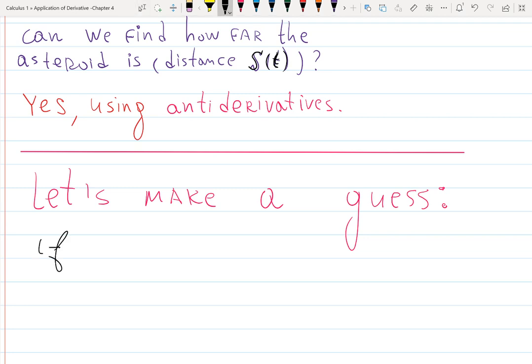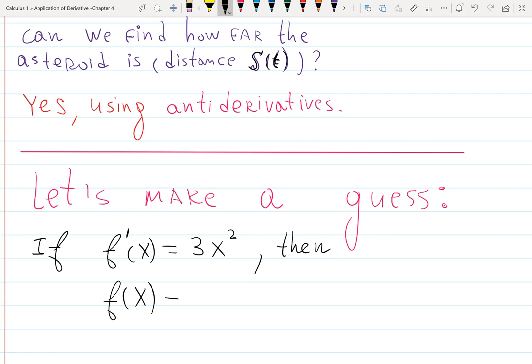If f prime of x is 3x squared, can you guess then what the original function used to be? What function did we have to differentiate to get 3x squared? What do you think? 3, 2, 1. Yes, x cubed. Who said x cubed? X cubed makes sense because you differentiate x cubed, it gives you 3x squared, right?